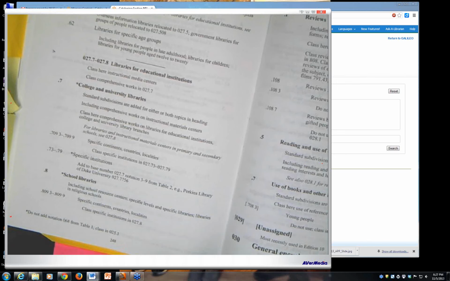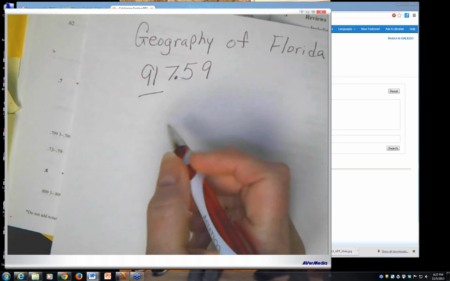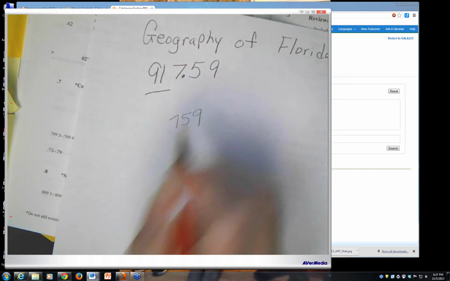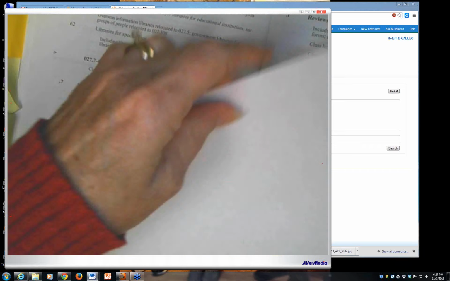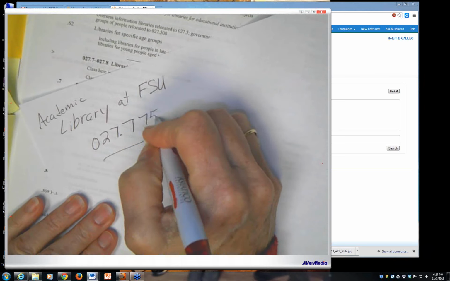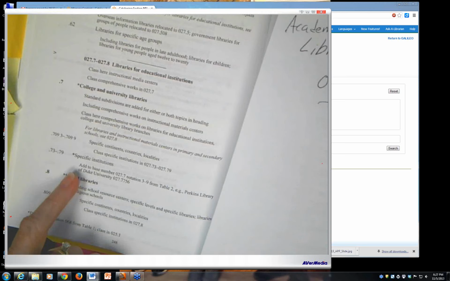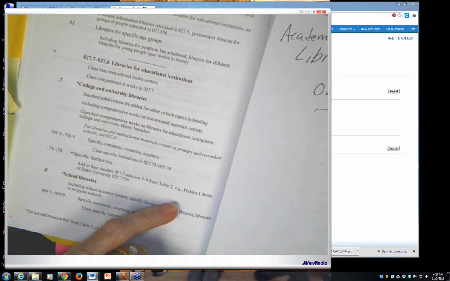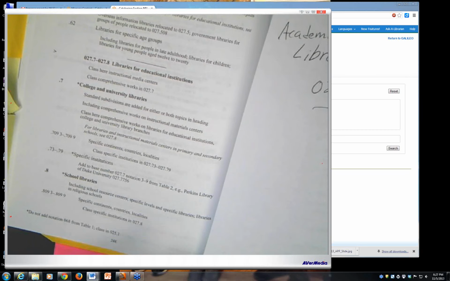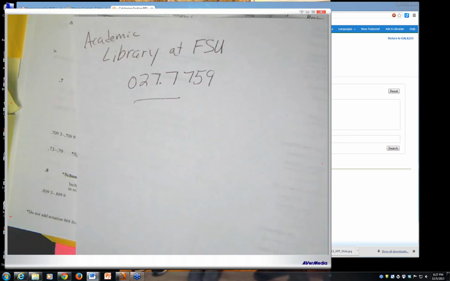So what I have to do is find my Table 2 number for Florida, which I now know. I just checked it out. I add it because I'm told to add to that base number directly from Table 2. So my number for the Library at Florida State University is 027.7759. Any questions on that one?